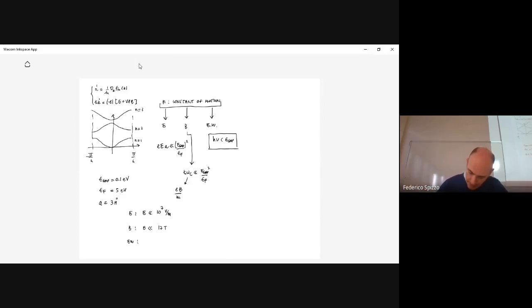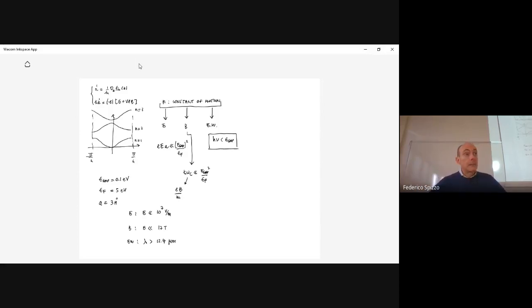As in general one uses lambda as a parameter rather than the frequency, I just write you the constraint using lambda. So lambda is larger than 12 microns.